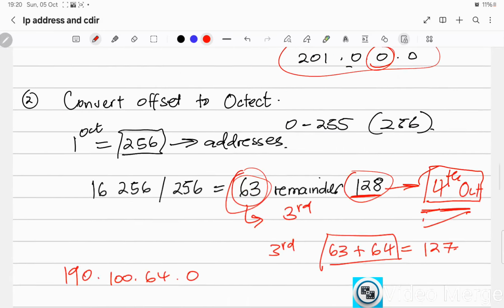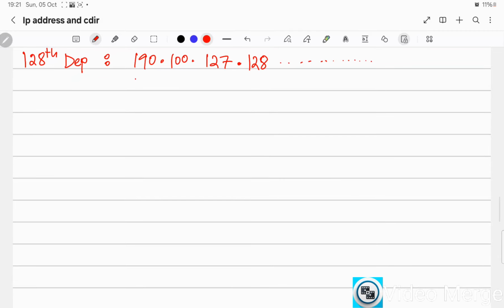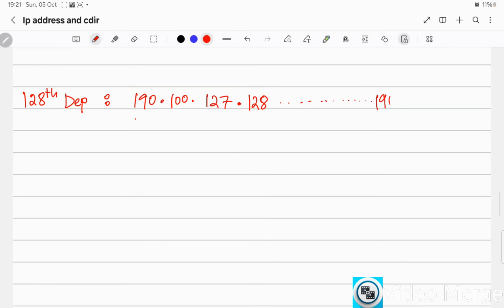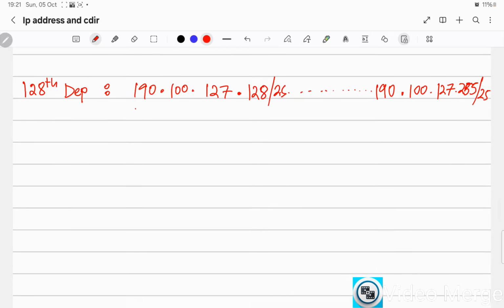So if you add this to this value, you're going to get 190.127 and 255. Remember, we have that 25 here that we always have to put here for our masking value.